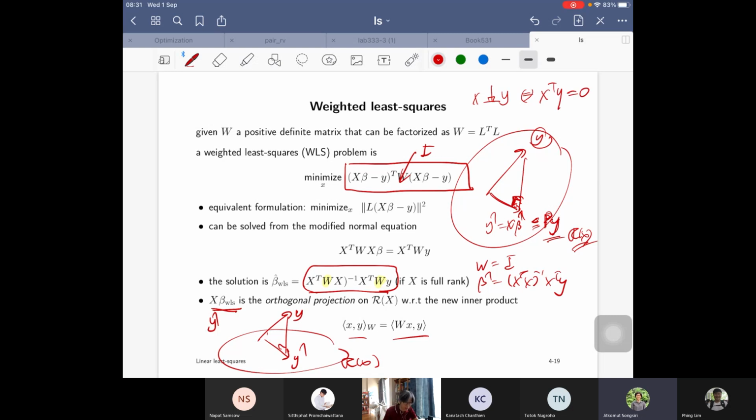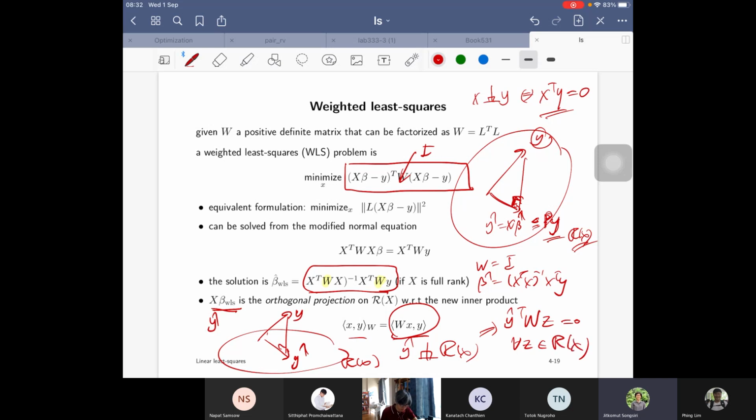For the weighted least squares sense, we have the result that the projected vector y hat is orthogonal to all the vectors in the range of x, but the concept of being orthogonal is generalized in an inner product term, which is the inner product in the new one, which means y hat transpose W times z equals 0 for all z in the range space of x.